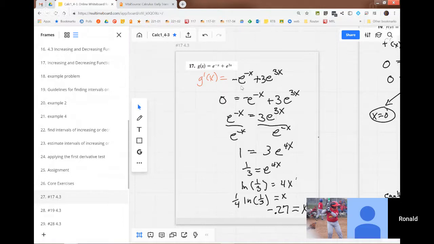And then on the second part, you're plugging in a -1, that's +3e to the minus 3 power, which is negative e plus 3 over e to the third.